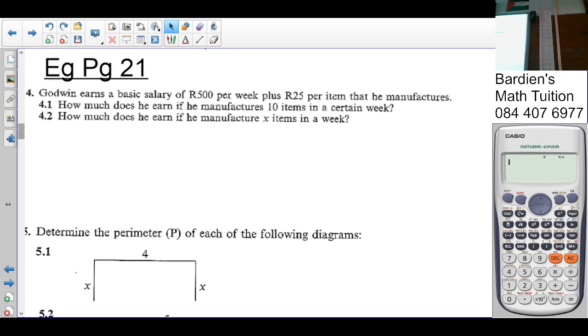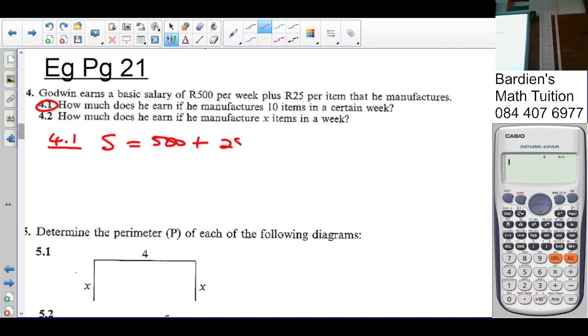Okay, so in 4.1 they want to know how much does he earn if he manufactures 10 items in a certain week. So 4.1, his salary will be equal to 500 of the basic plus 25 times 10, which is 500 plus 250, which is 750 Rand. Not so?